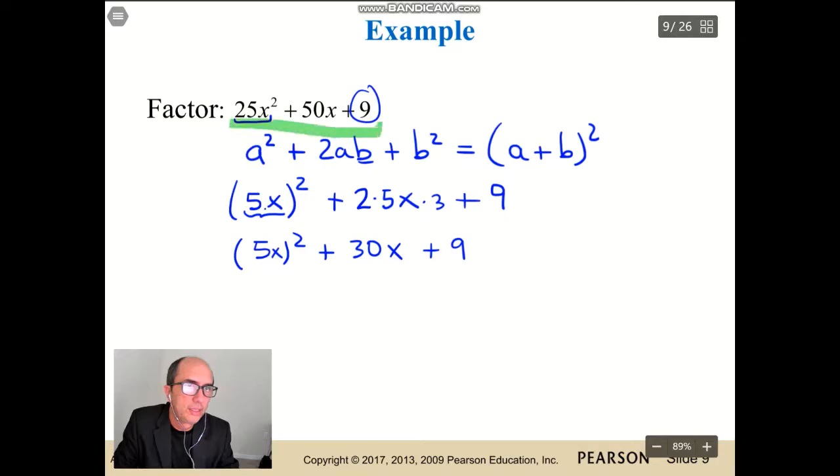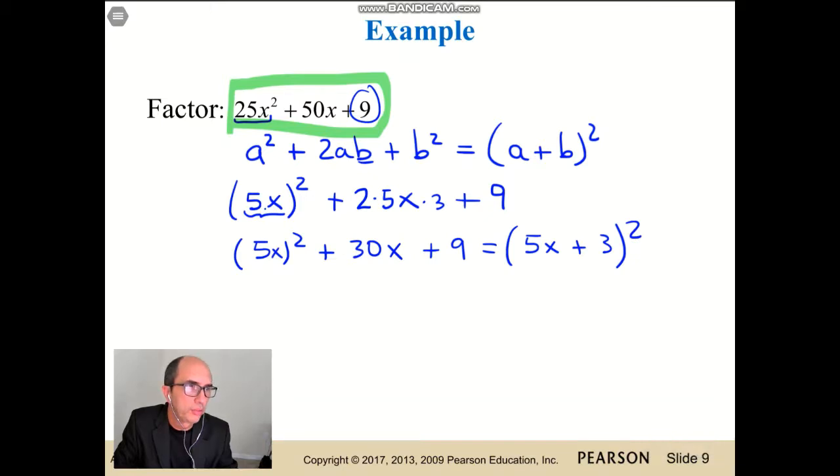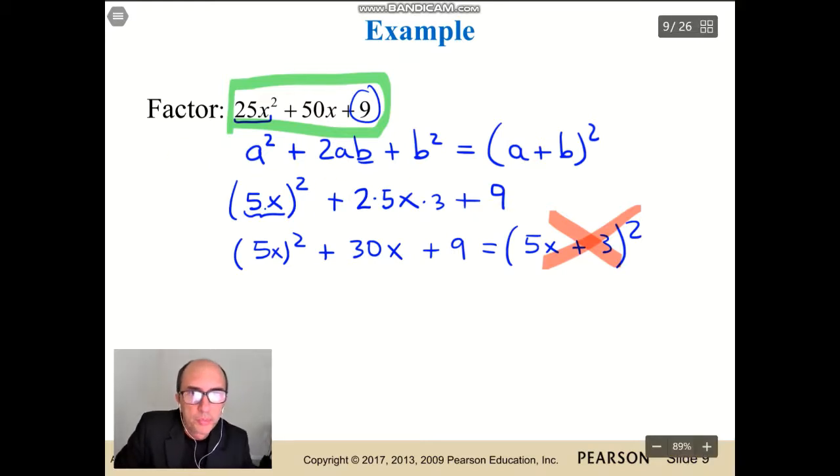We can write this expression as 5x plus 3 squared, but it is not going to be equal to the original expression. So this original expression we cannot factor as a special perfect square trinomial.